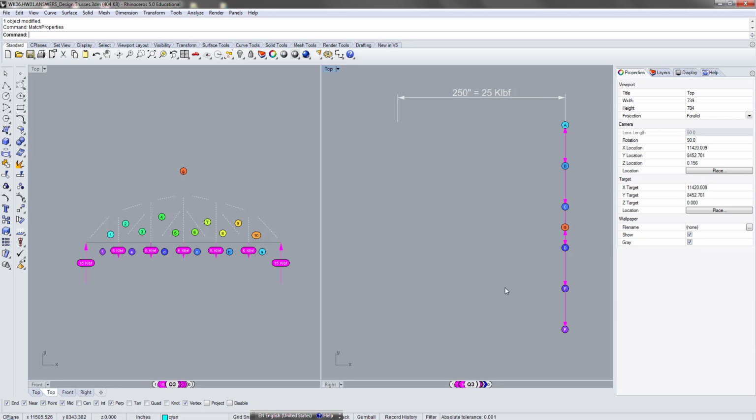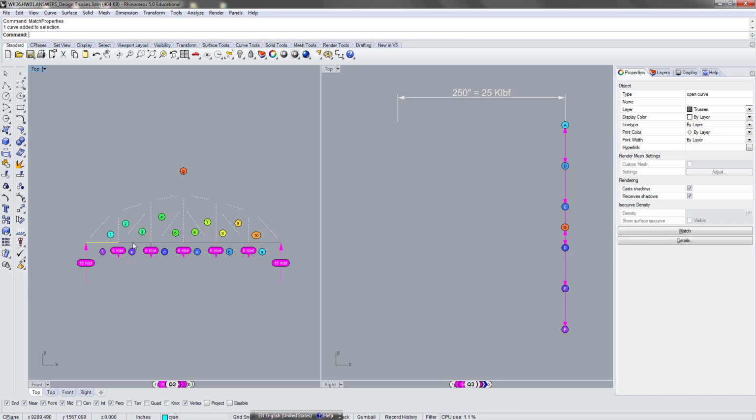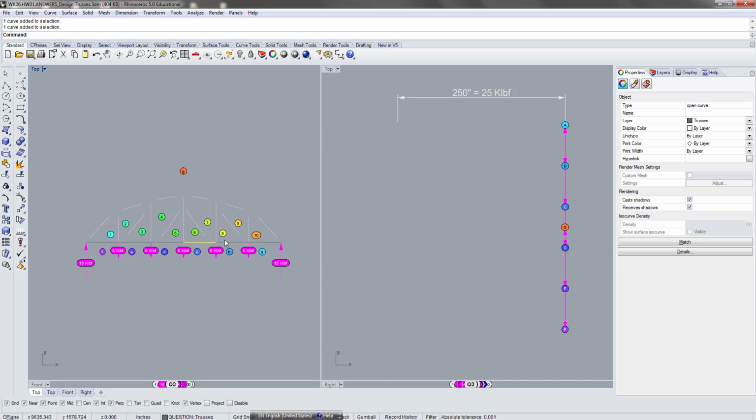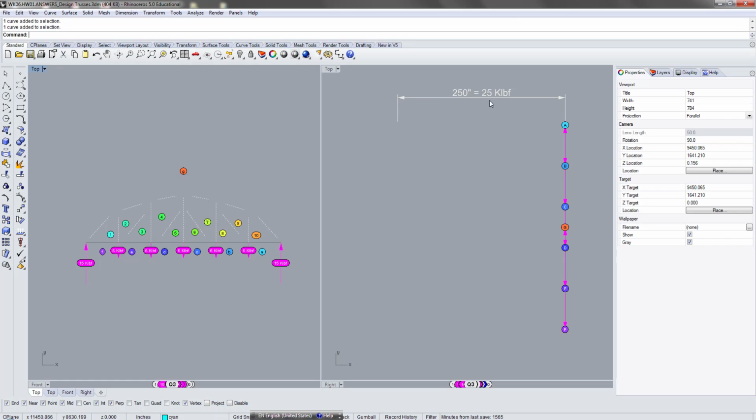So this is a bottom loaded truss with this diagonal chord on the top. In the question, I'm asking for the bottom horizontal chord to have a constant force of 25,000 pounds.